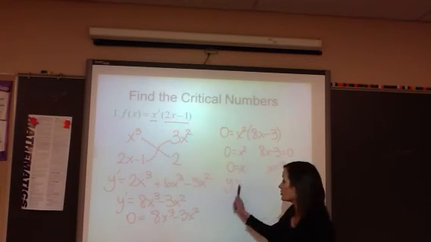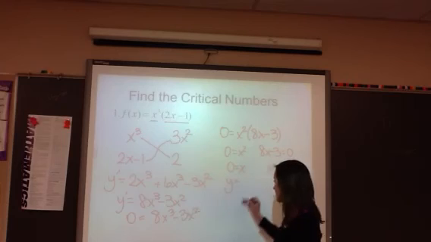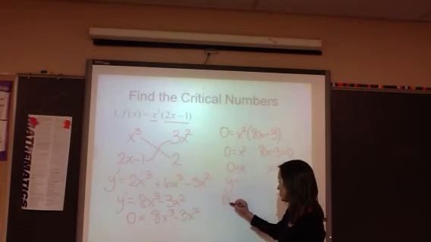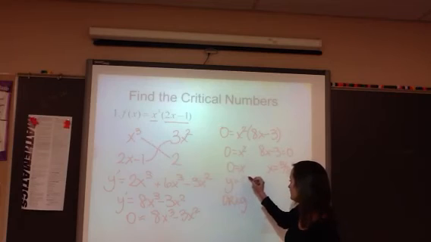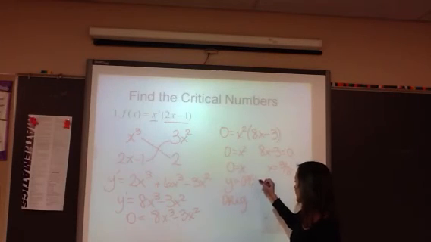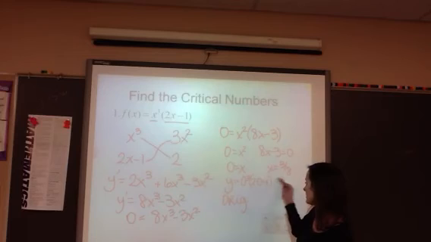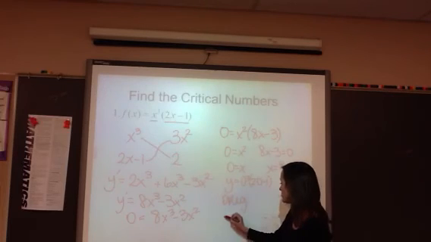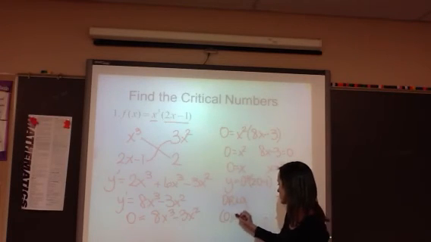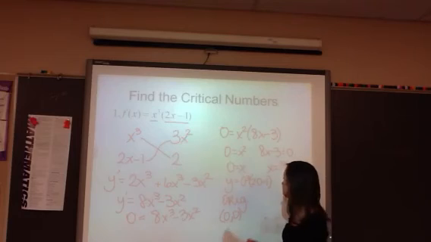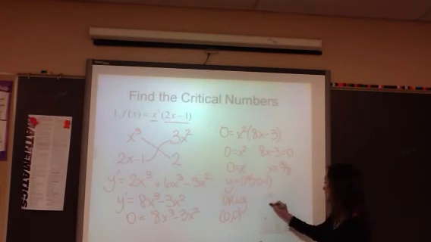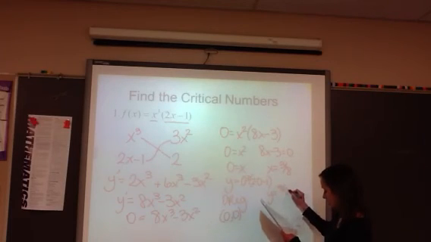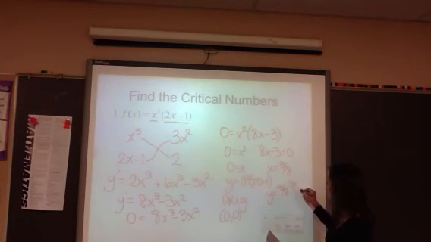We want our y value, so we're going to plug into the original. If I plug in 0, I get 0 times anything is 0, so I get 0. So my ordered pair is 0, 0. That is a critical number. Here, if we plug in 3/8, so we get y equals 3/8 cubed times 2 times 3/8 minus 1.